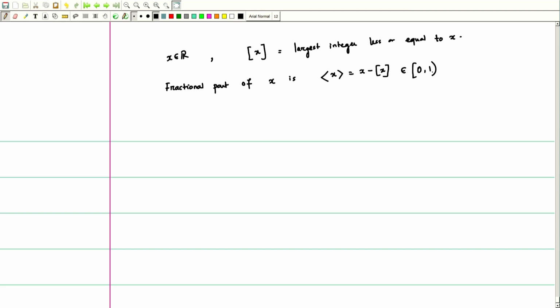That means, suppose this is 0, 1, 2 like this, and suppose I have 1.3 here, then the fractional part is going to be here.